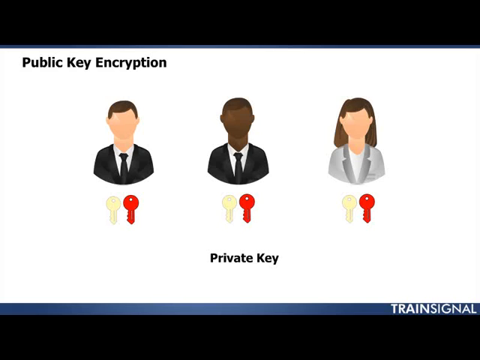There is a matching paired key to each of those private keys that every user has, and that's what's known as the public key. Now, the public key, just as it sounds, is public. It's accessible to everybody. So picture that all of the public keys that each of our users have are labeled, right?